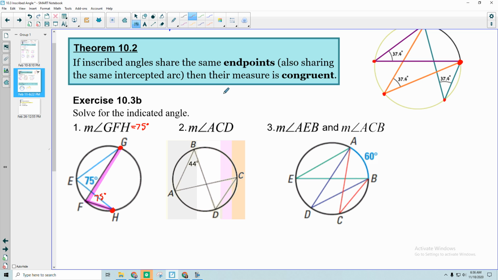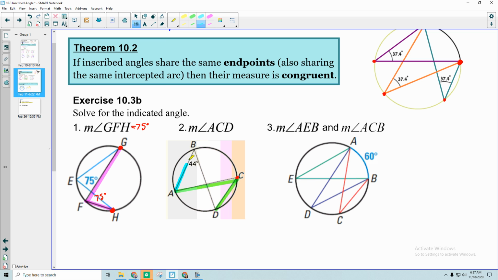So measure of angle ACD. So ACD. It almost looks like a little bow tie here inside of the circle, but the things that I want you to focus on are that this angle is definitely inscribed. Its vertex is on the boundary of the circle.